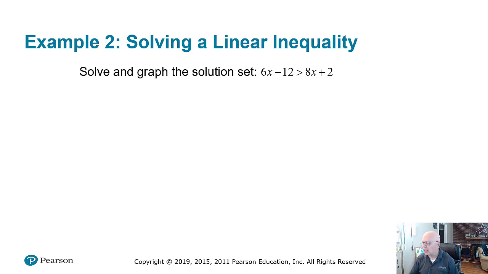Next, we're going to look at one in particular, so this gives us some practice. Remember, we treat this, for the most part, as if it were an equal sign. But of course, keep that greater than sign, because that does make a difference. So here we go. Now I'm going to collect the x's maybe on this side. I find it easier to do it that way.